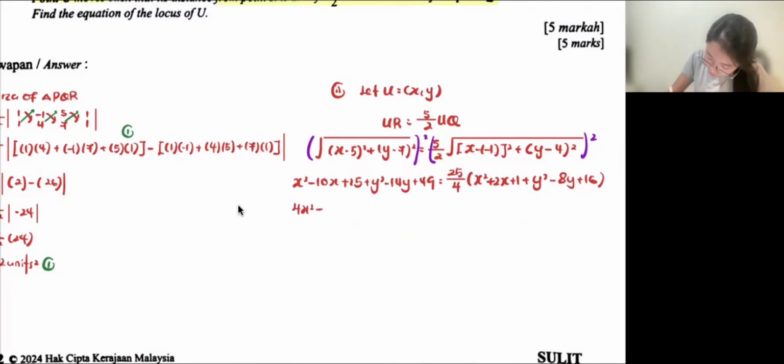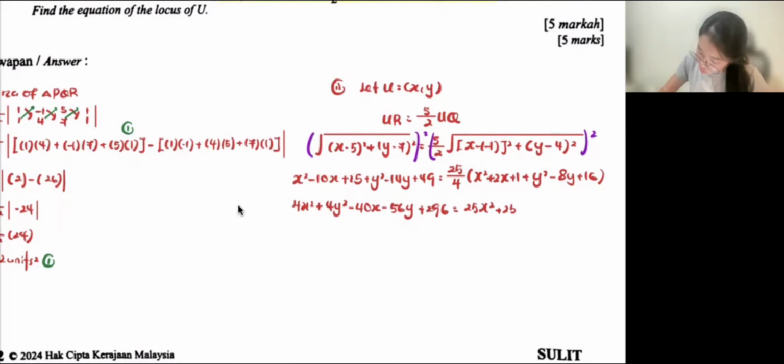So 4x squared plus 4y squared minus 40x. 14 times 4, this is 56y. 25 plus 49 times 4, 296. 25 multiplied into the bracket. At the same time, you rearrange 25y squared, then 50x, negative 8 times 25.